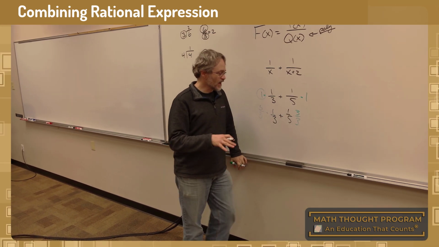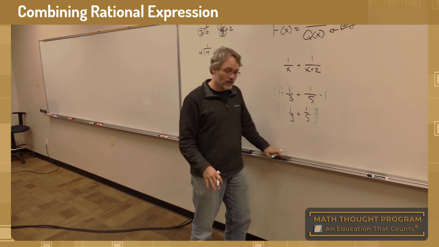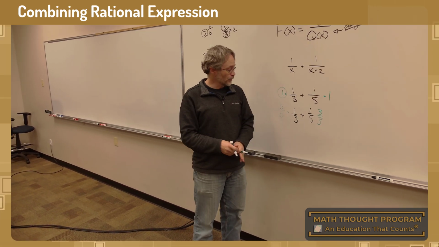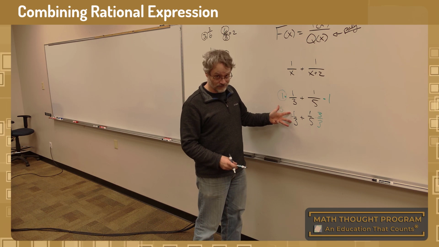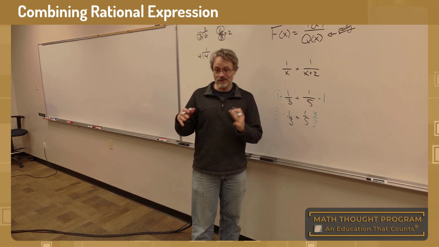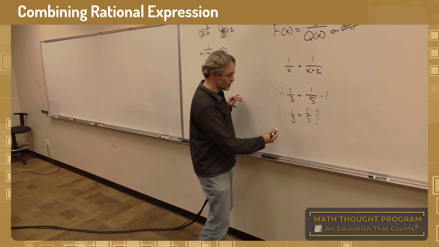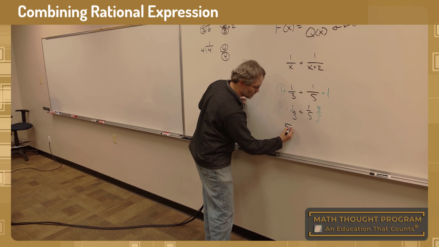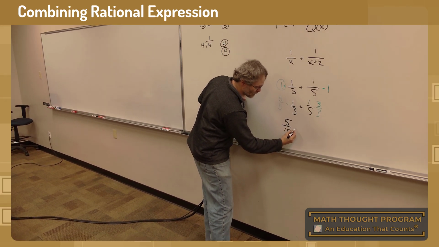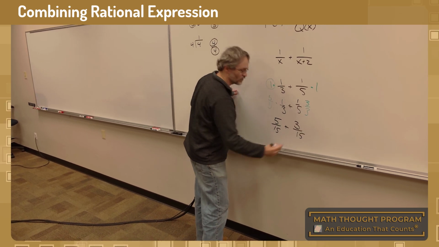Now, because I have it as 5 over 5 and 3 over 3, whenever I multiply this fraction and that fraction, I multiply straight across. So it's numerator times numerator, denominator times denominator. And what I get here is 5 over 15, and here I'll have 3 over 15.